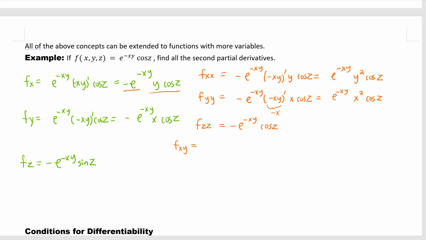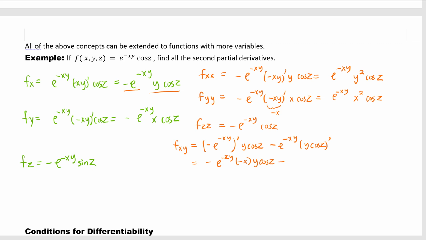So this is a product rule: the derivative of the first guy times the second guy plus the first guy, oh, the first guy there is a negative, times the derivative of the second guy. Okay, so this is minus e to the minus xy times (minus xy)', but because we're taking the derivative with respect to x, that is minus x.